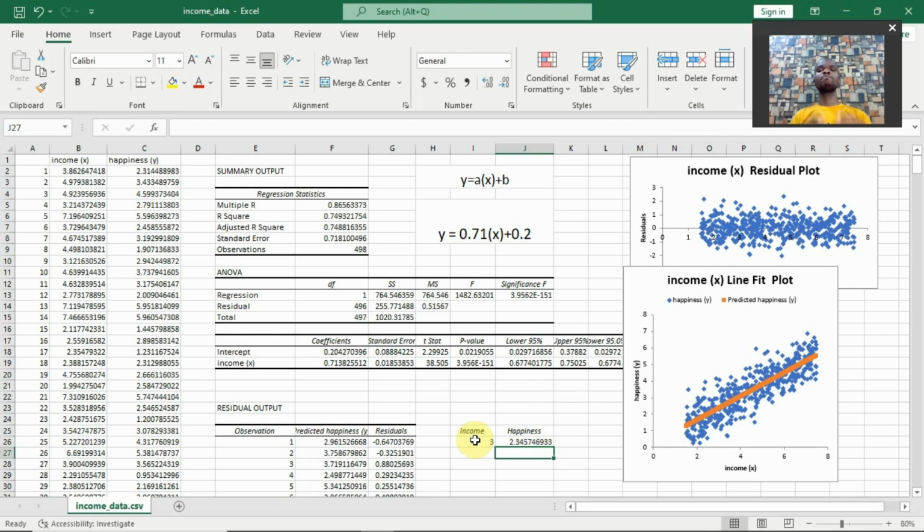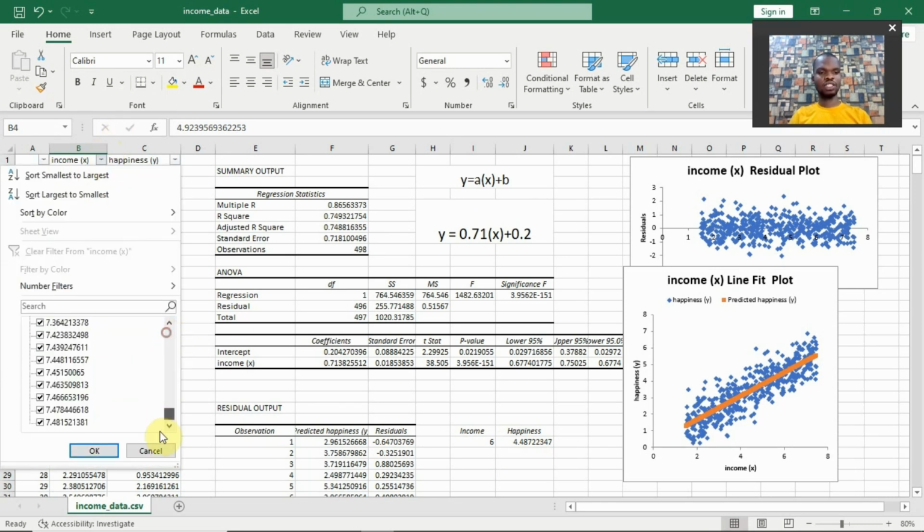Now, if you have built a model like this, you will be able to predict new values. So if you have a value of 6, it's going to have a happiness index of about 4.7. Now, if we check the range of our values, let's add filters, we can see our maximum value is around 7.